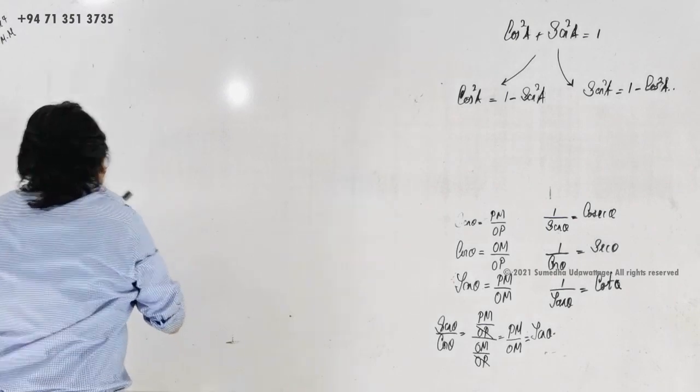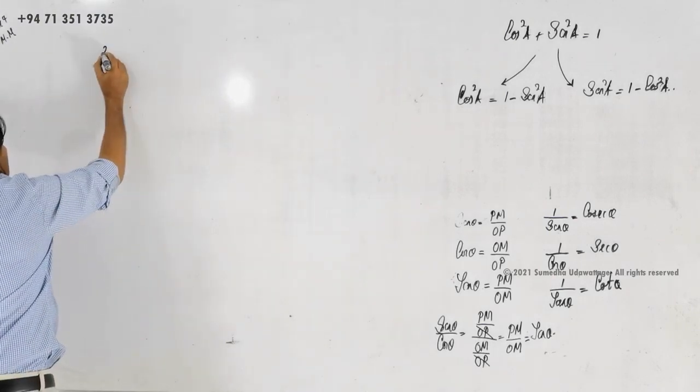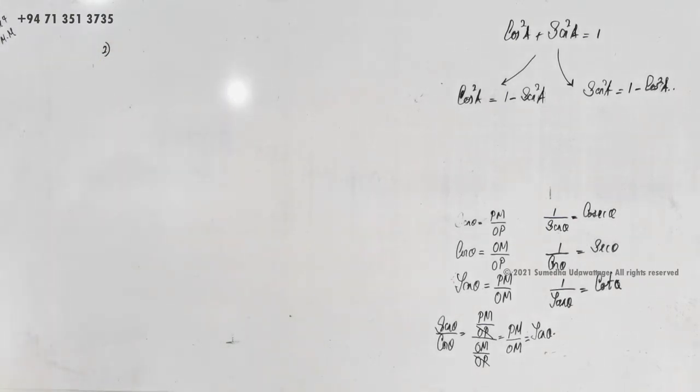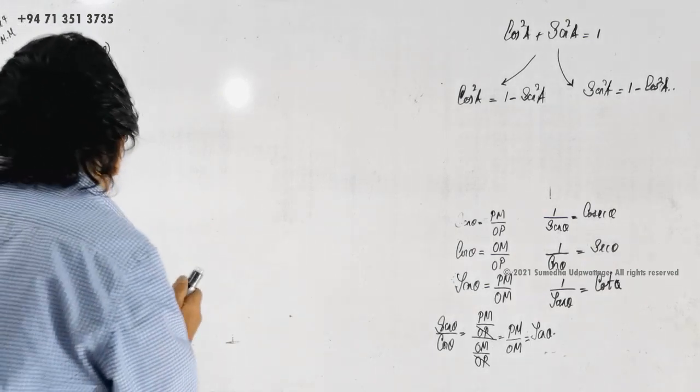The second question I will consider now is again a trigonometric identity.